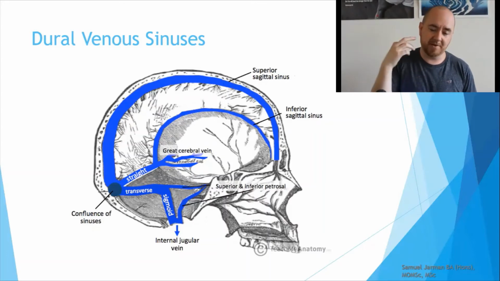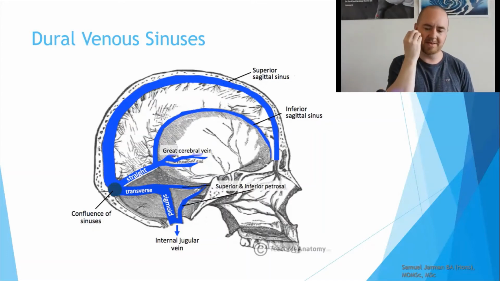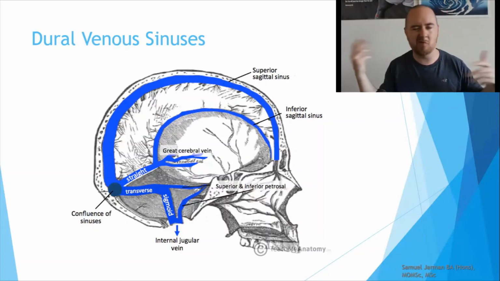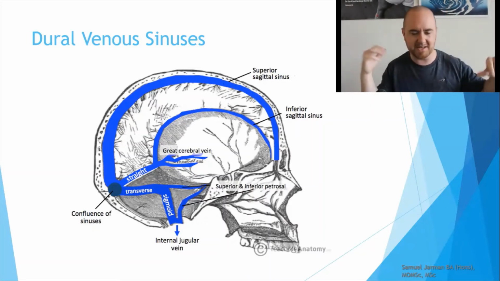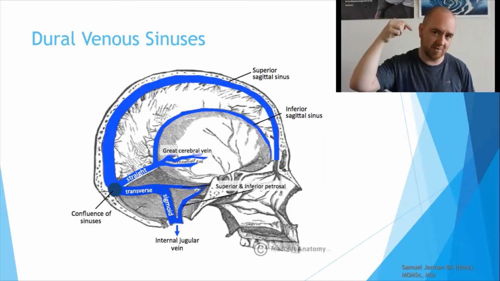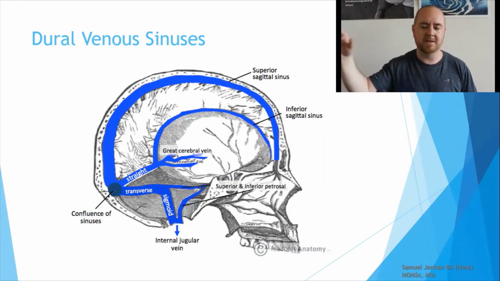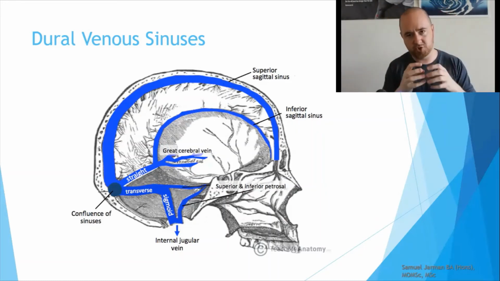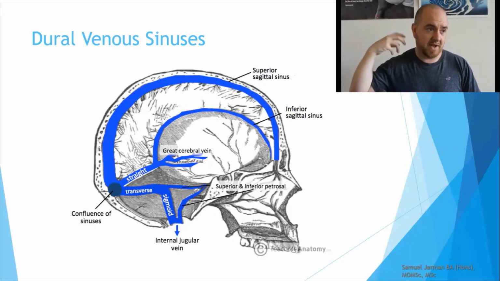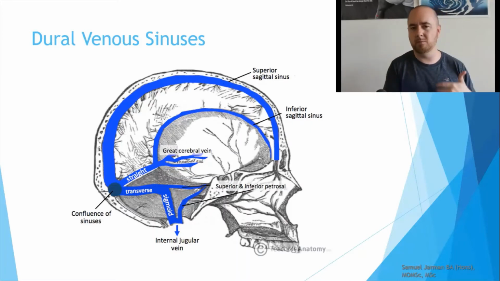You have the superior and inferior petrosal. So those are basically kind of behind the jaw and underneath the brain, or in and around the cerebellum-ish, brainstem-ish. Then you have the transverse going forwards and the sigmoid going down, and the inferior petrosal and the sigmoid join, and that becomes the internal jugular vein. The internal jugular vein is essentially most associated with the SCM. So the SCM, once again, becomes important.